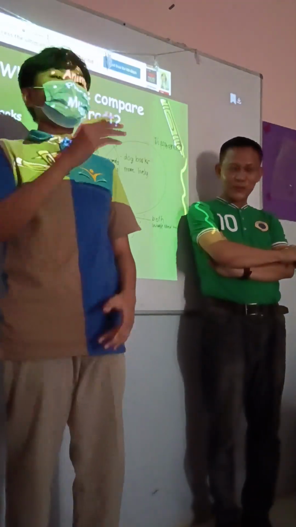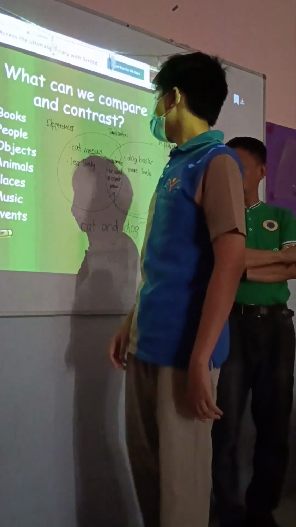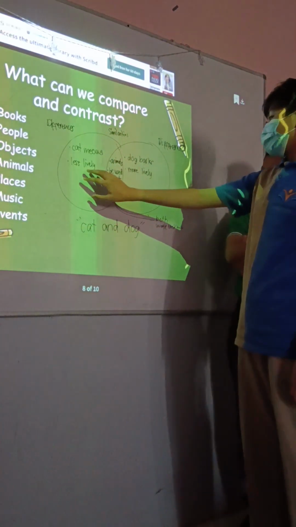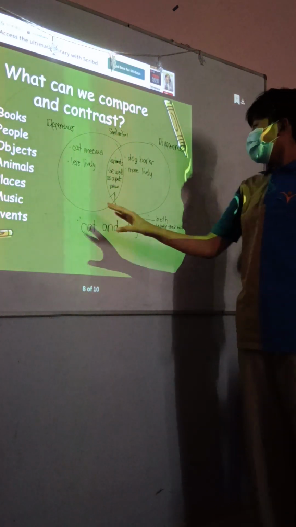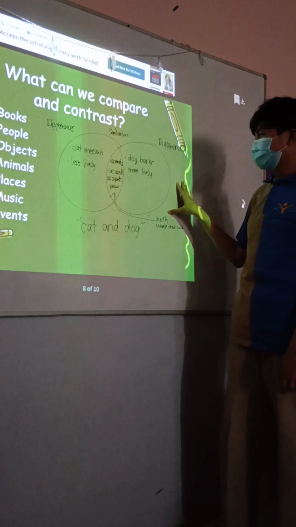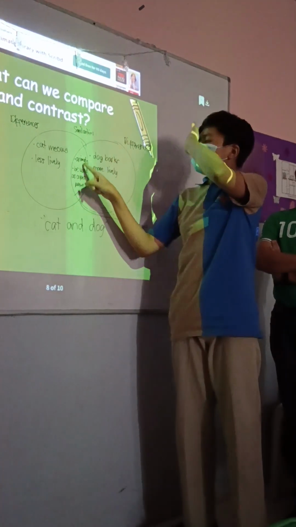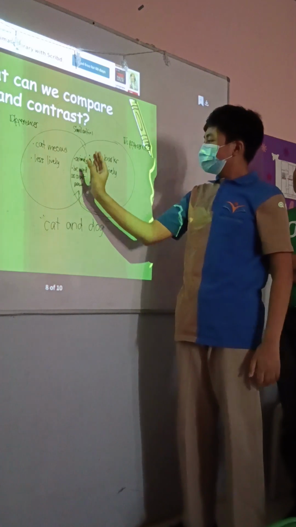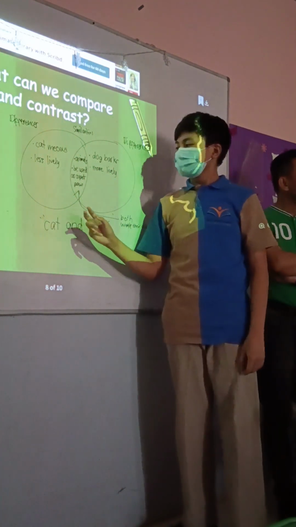Okay, so for music, we can put classical music in this circle, and rap music in this circle, and in the middle section we can put the similarities of these two kinds of music.